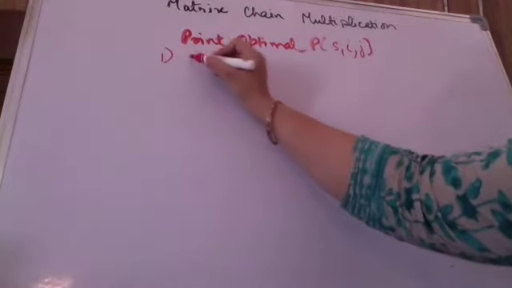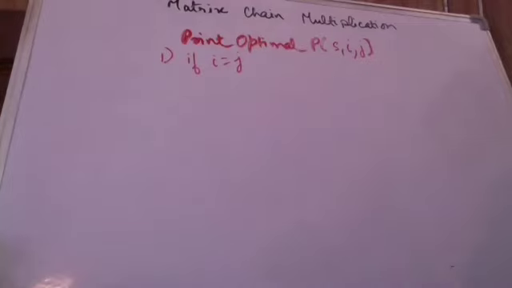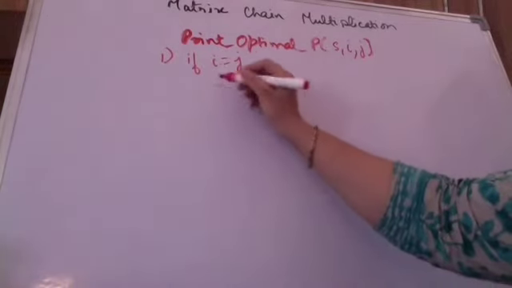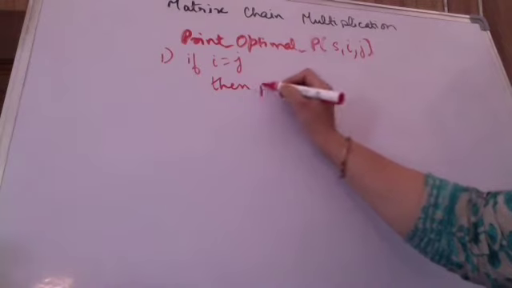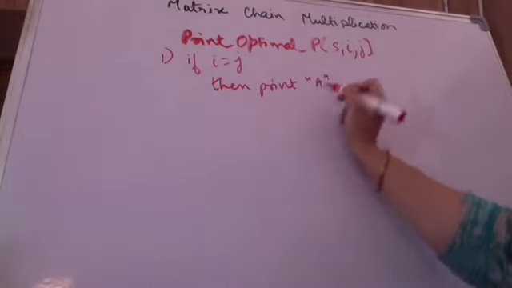So what am I doing is, if I is equal to J, in that case K की value क्या है? K की वैल्यू कुछ भी नहीं है. अगर I is equal to J तो मल्टीप्लाई नहीं करना. क्या करना है? डायरेक्टली प्रिंट द मैट्रिक्स A. Print whatever matrix I am having, print A.